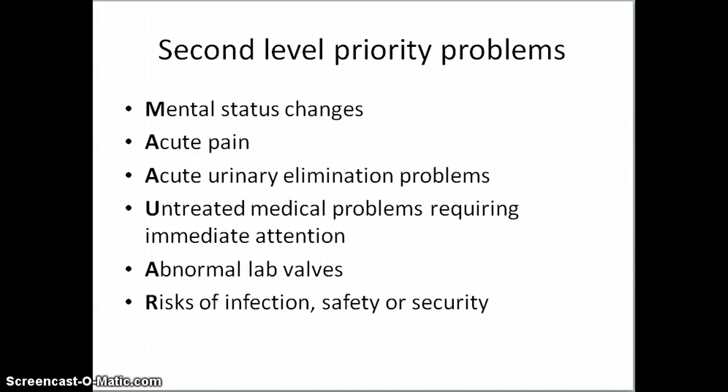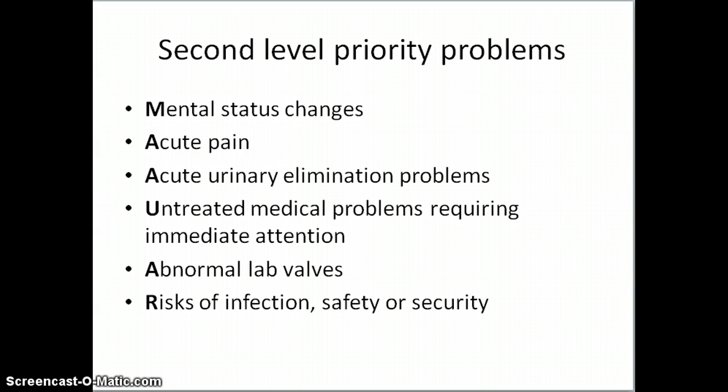Our second level of priority problems then are changes in the mental status, and a lot of that is because if they have a hemorrhage to the brain, they need surgery right away. Mental status changes can also be from maybe a drug overdose or too many narcotics given to them. So we need to make that a priority when we notice that their mental status has changed, especially when it's very rapid. Any acute pain becomes a priority.